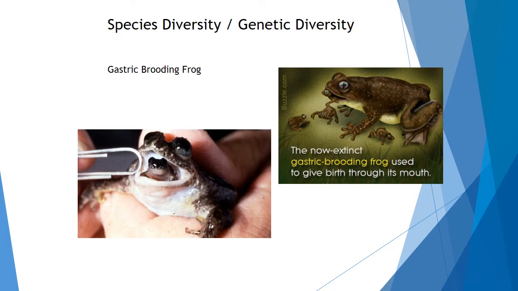Well, that's because it's a gastric brooding frog. It was able to birth its young through its mouth, which is super, super cool. What would happen was the eggs were fertilized externally, and then she would take about 40 of these eggs into her mouth and swallow them.